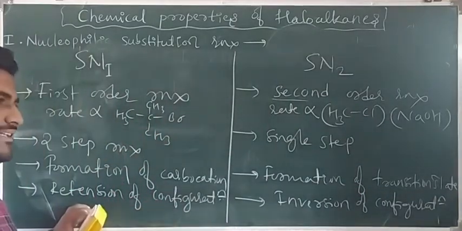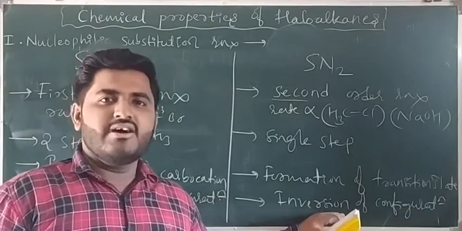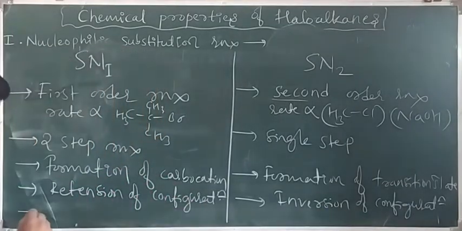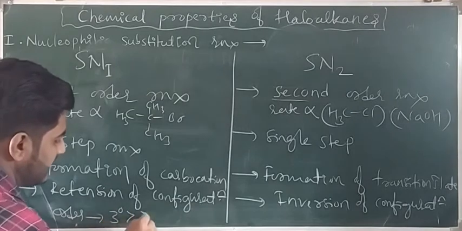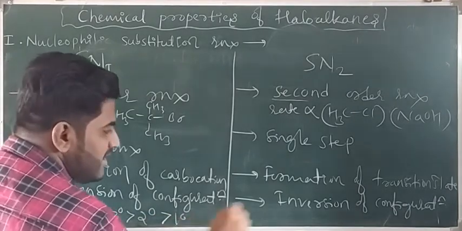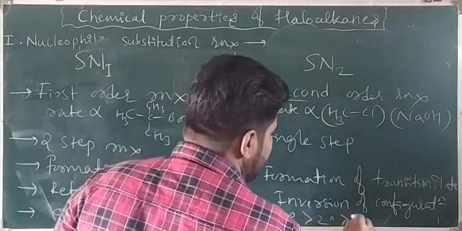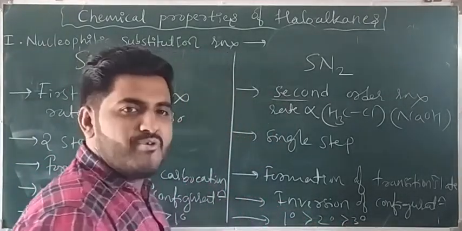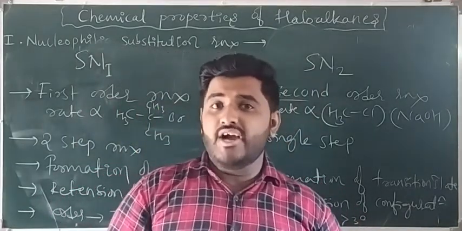The reactant and product are the same. What is inversion? There is a stereochemistry difference between the reactant and product. So what is the order? The order of the reaction here is tertiary greater than secondary greater than primary. Here the order of the reaction is primary greater than secondary greater than tertiary. I hope you understood. So these are the differences between SN1 and SN2 reactions.